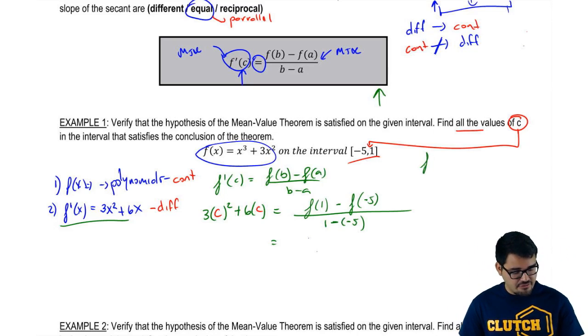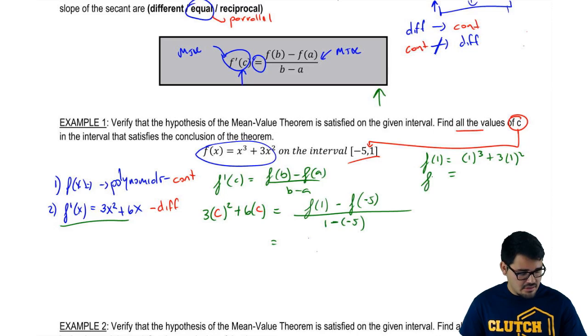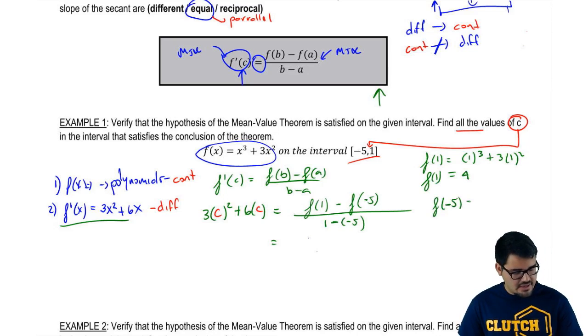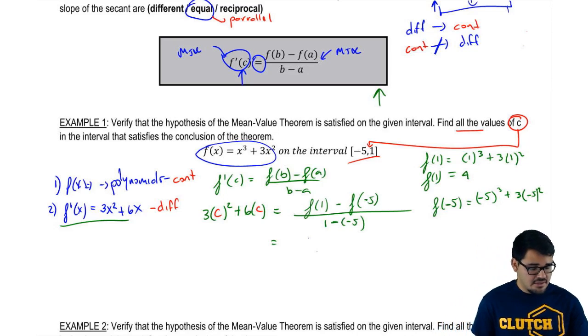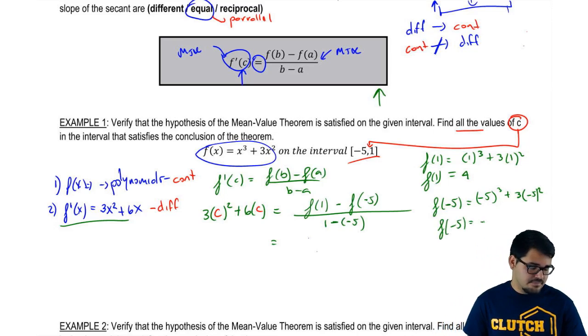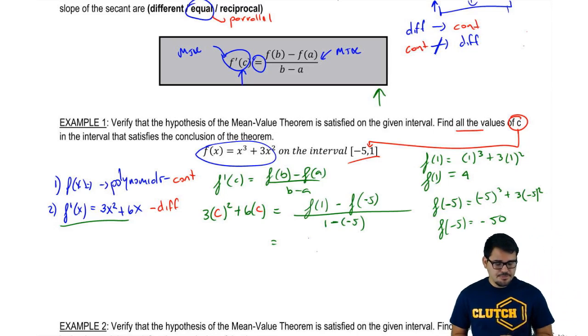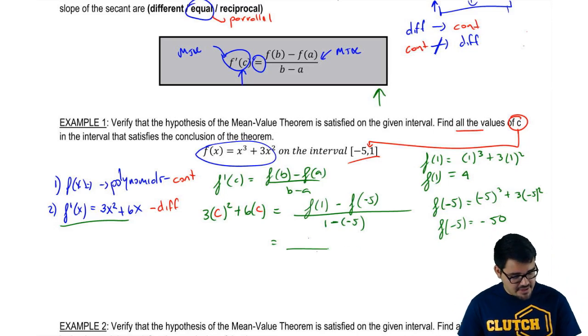Computing f of 1 here on the side, I have 1 cubed plus 3 times 1 squared, and if you do that on your calculator or in your head, that gives you 4. Now we need to compute the other one, f of -5, and that gives you negative 50.